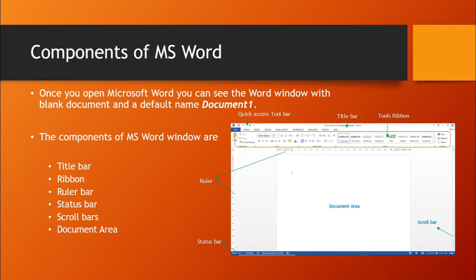The components of MS Word window are title bar, ribbon, ruler, status bar, scroll bar and document area. We will start a Word application and understand the components of MS Word.